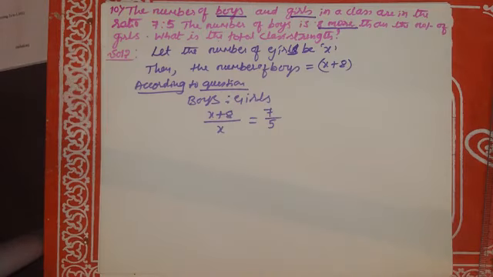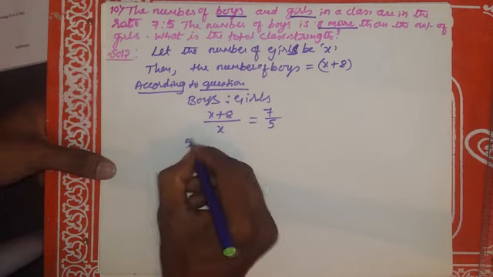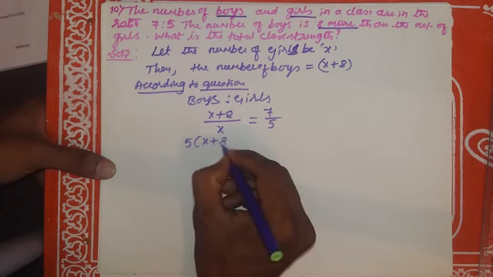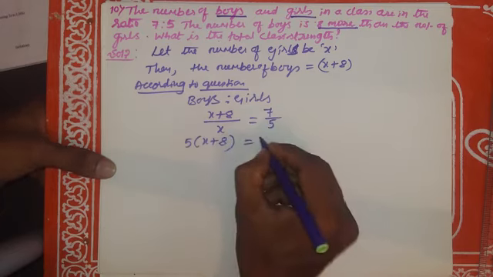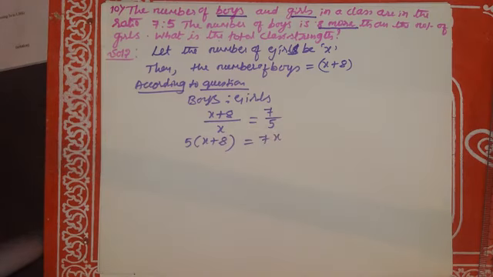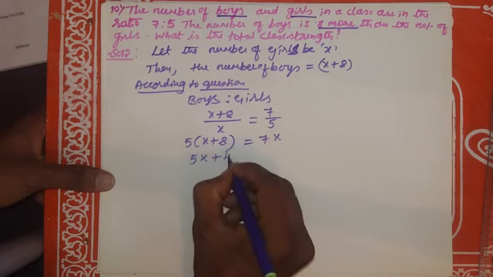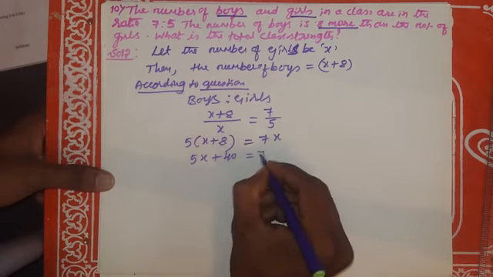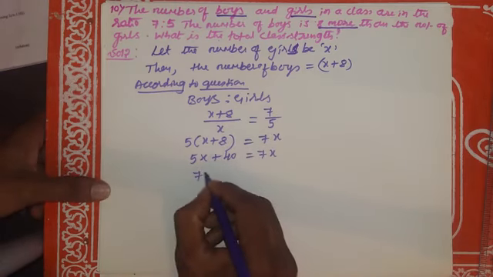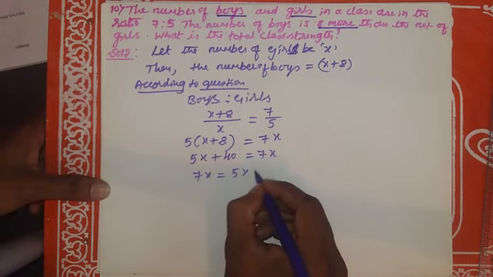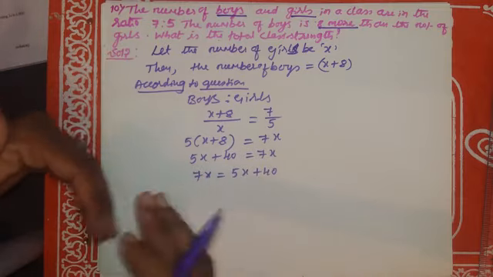Do cross multiplication. 5 into x plus 8 is equal to 7 into x, 7x. 5 into x, 5x, plus 5 8s are 40, is equal to 7x. I will change the places: 7x is equal to 5x plus 40.